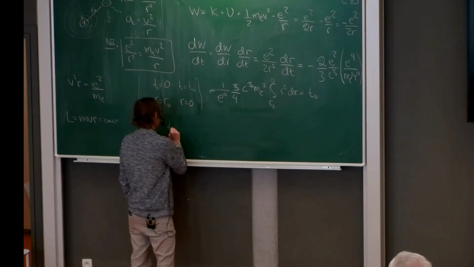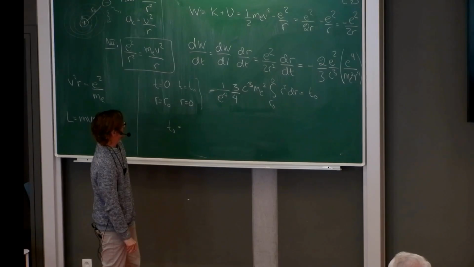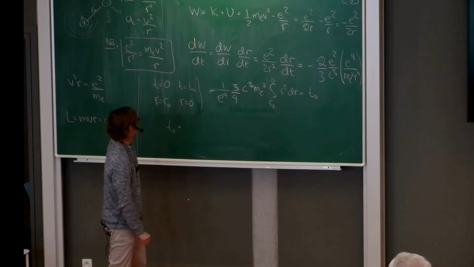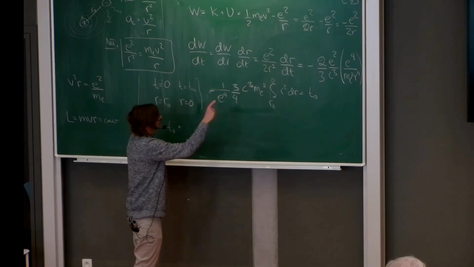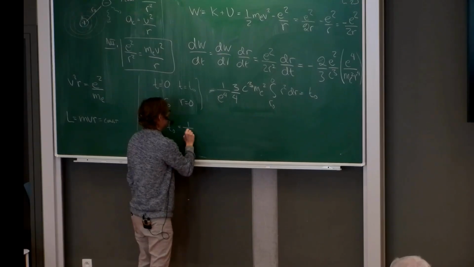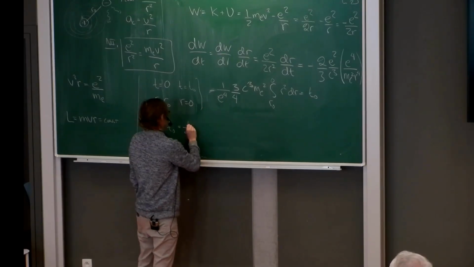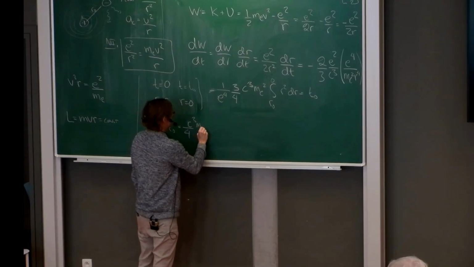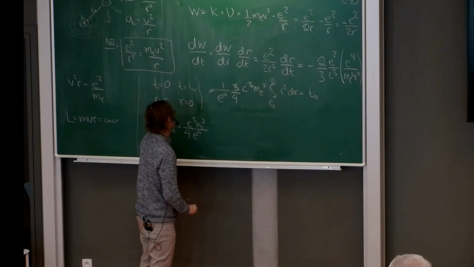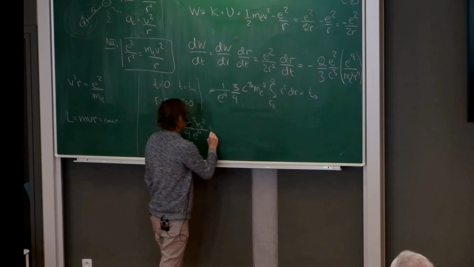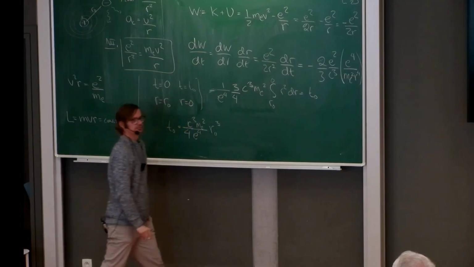So we see that the time estimate for this to happen is going to be 3 divided by 3, so 4c cubed m_e squared divided by e^4, and then r0 cubed.